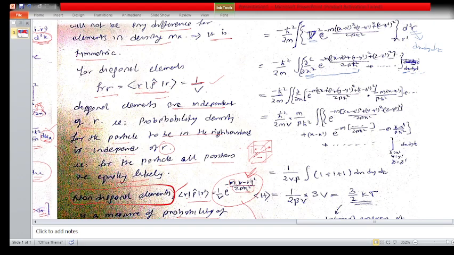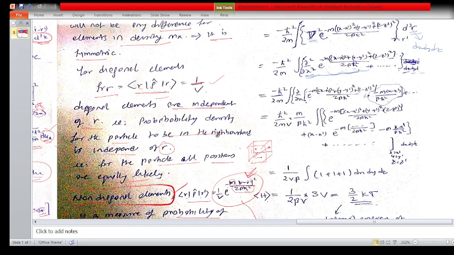So first, take dou square by dou x square. The first differentiation of this term will give you e raised to minus m times (x minus x dash) square plus (y minus y dash) square plus (z minus z dash) square by 2 beta h cross square, into minus m into (x minus x dash) by 2 beta h cross square, because when you take the derivative of this term, the 2 and the 2 coming from (x minus x dash) square get cancelled, and you get this particular term multiplied with the exponential term.